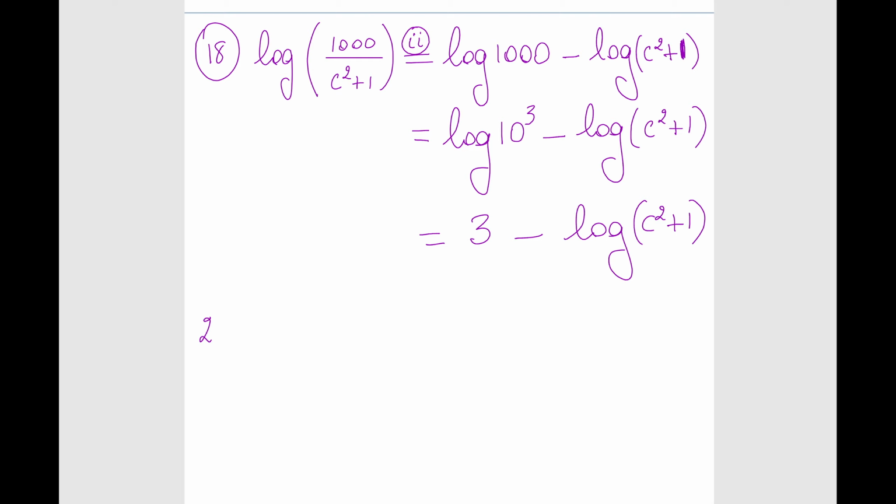This is number 24: ln of 0.5 to the power r times t. So this format here is of the form a base, which is positive, to some power, whatever this power is.